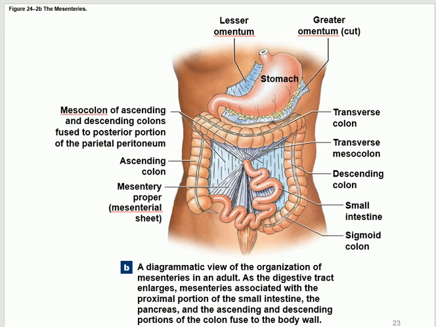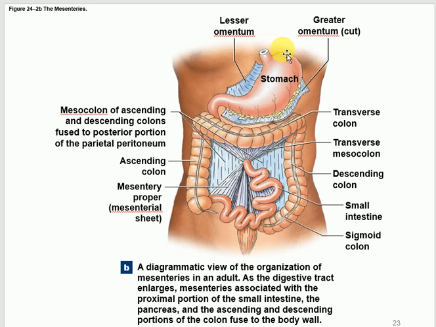So look at this picture right here. This is the stomach. Remember we talked about the parts of the stomach, the cardia, the fundus, the body, the pylorus. Look at this curve right here. This one curve here. And look at the outer one. This one here is the small one. Lesser curvature. The omentum that's attached from that curvature to the liver above, the liver is here.